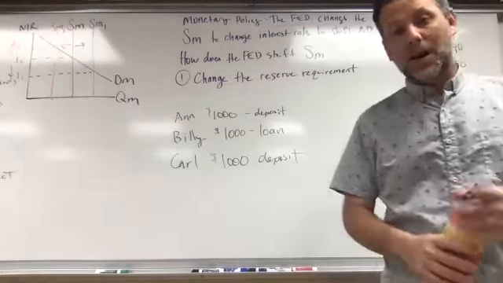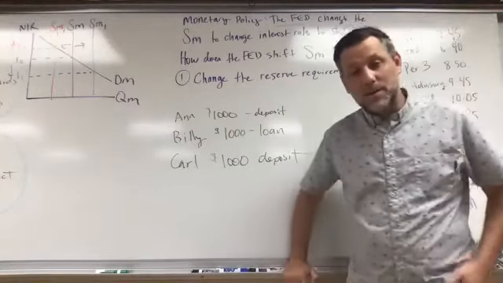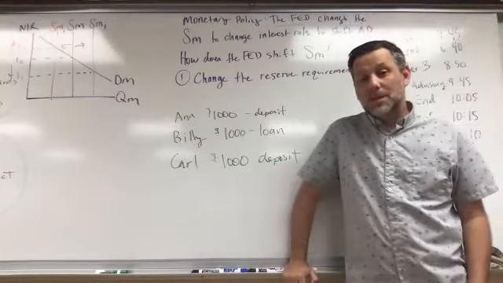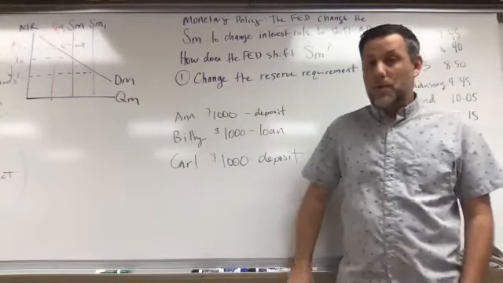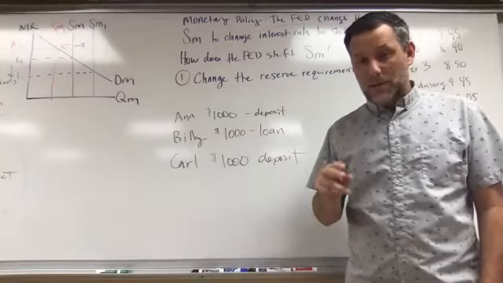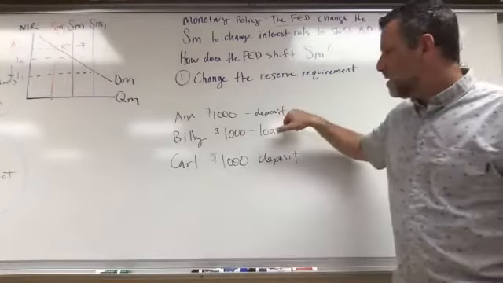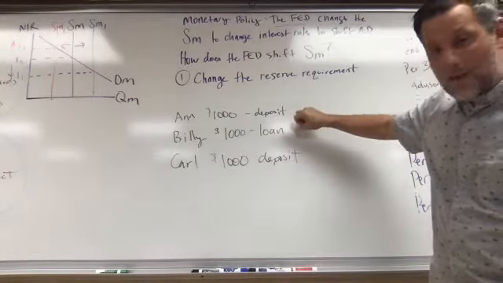The answer is this economy has $2,000 in it now. It had $1,000, but now it has $2,000. The bank created $1,000 because remember, M1 is cash and checking account balances. So in this instance right here, Ann's got $1,000 in her checking account. That's M1.